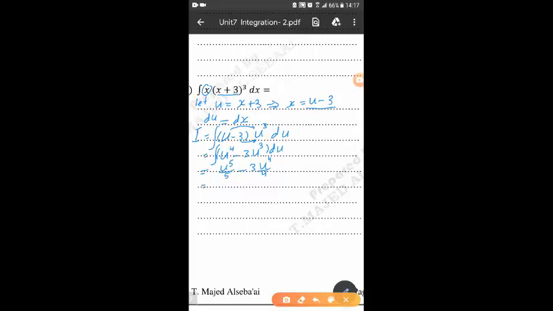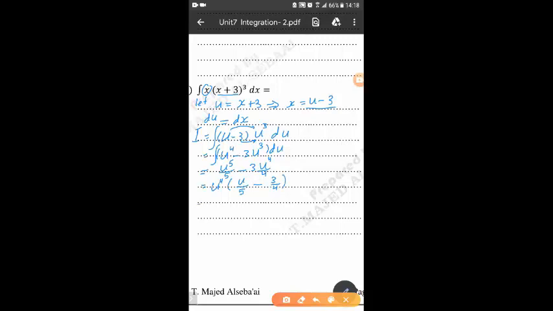Take u to the power of 4 as a common factor. We still have u over 5 minus 3 over 4.